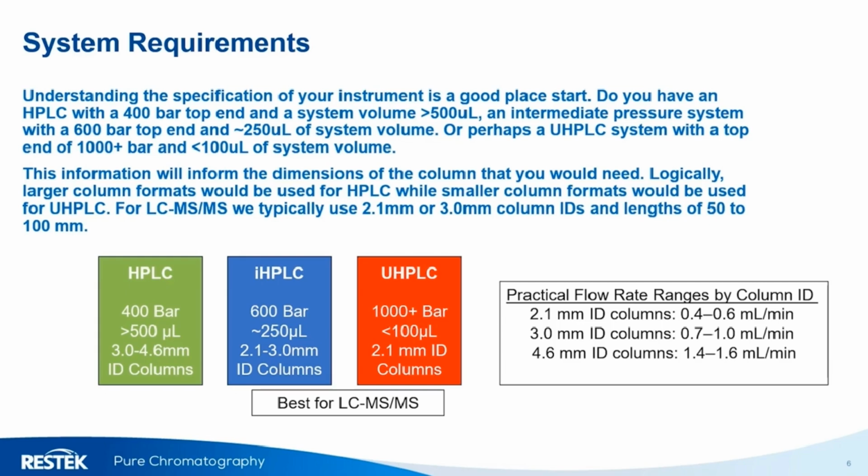You can see a 2.1 millimeter ID column, its optimum flow rate is around 0.4 to 0.6 ml, where a 3.0 millimeter column is going to require a higher flow rate, 0.7 to 1 ml, and then the 4.6 millimeter columns, a much higher flow rate in excess of a milliliter to about 1.6 milliliters per minute.